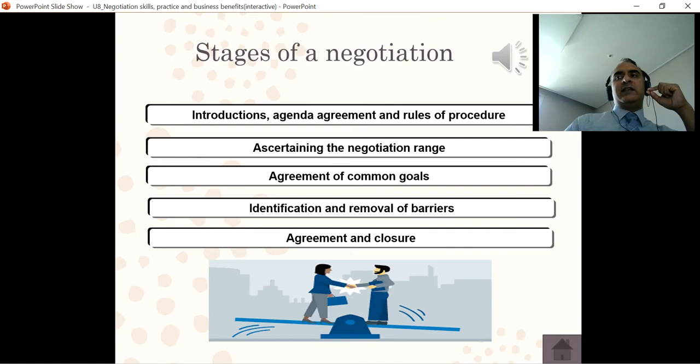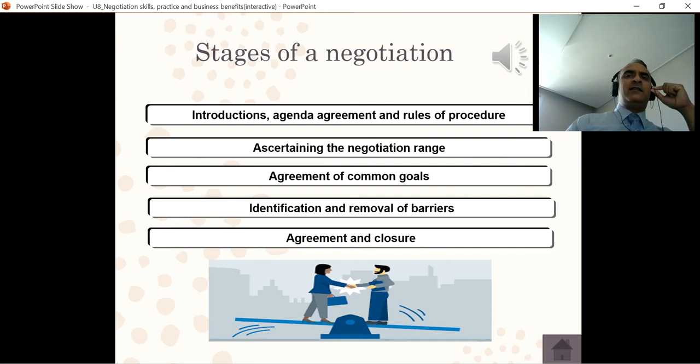If you're trying to set a production level that is out of my capability, I cannot sit down anymore, and that's the negotiation range: to what extent I can comply and not. Then we have agreeing on common goals, the same thing. Okay, you want to achieve this volume, I want to achieve this price. So how can we do that together?